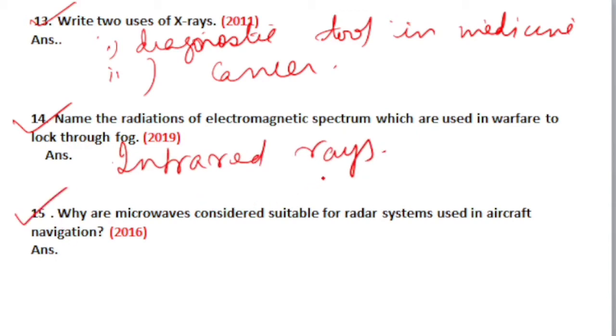Why are microwaves considered for radar system used in aircraft navigation? You know, microwaves have very short wavelength, of the order of few millimeters.